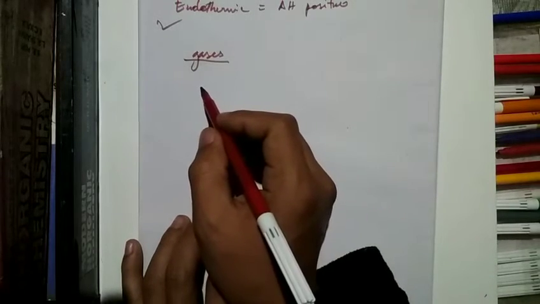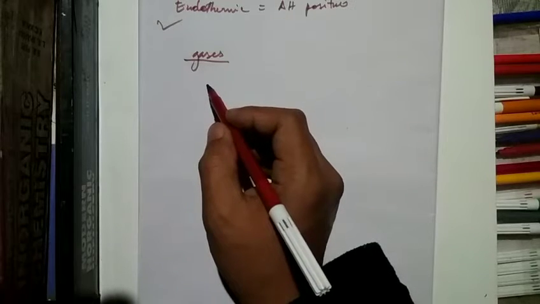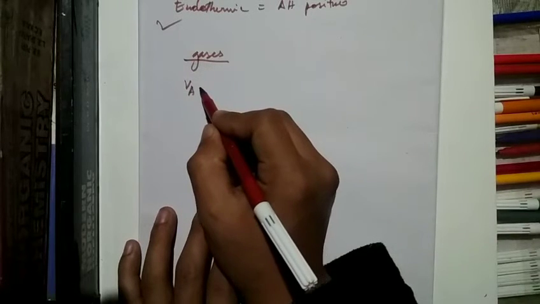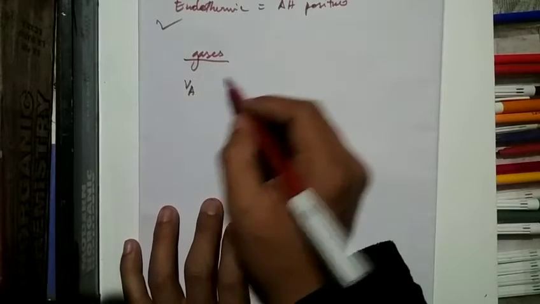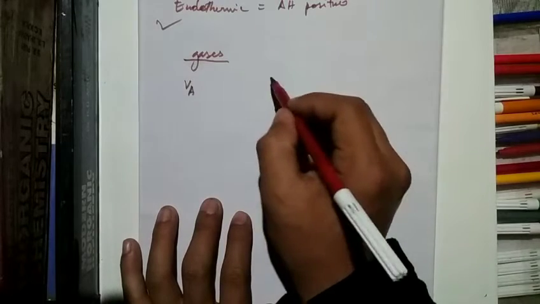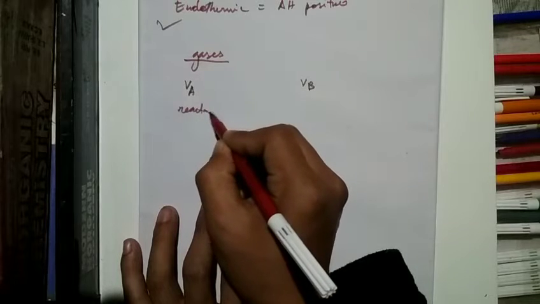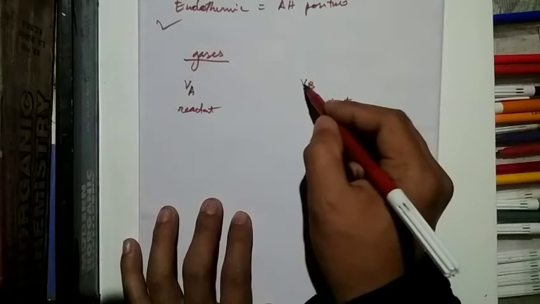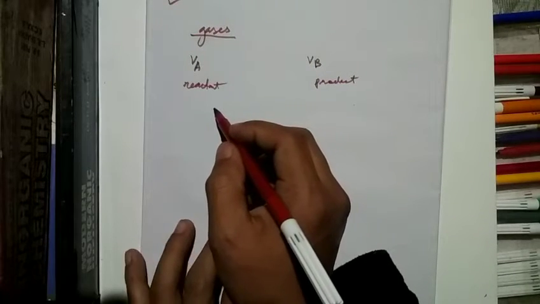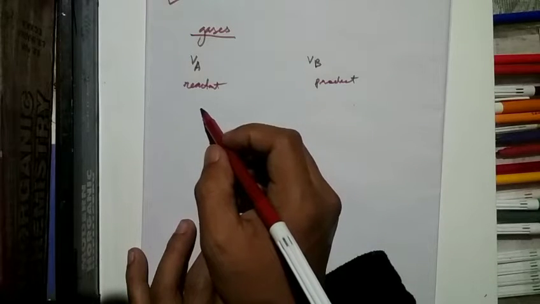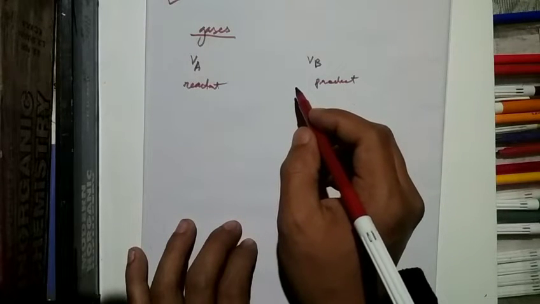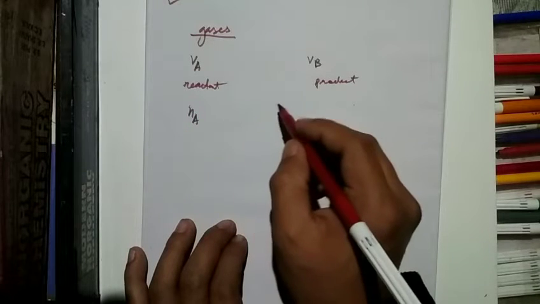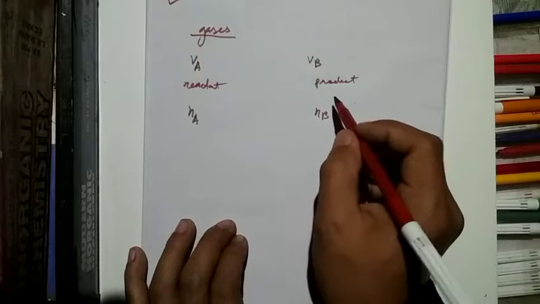Let the total volume of the gases in the reactant be VA, and the volume of the gases in the product be VB. Let NA be the number of moles of gaseous reactants, and NB the number of moles of gaseous products.